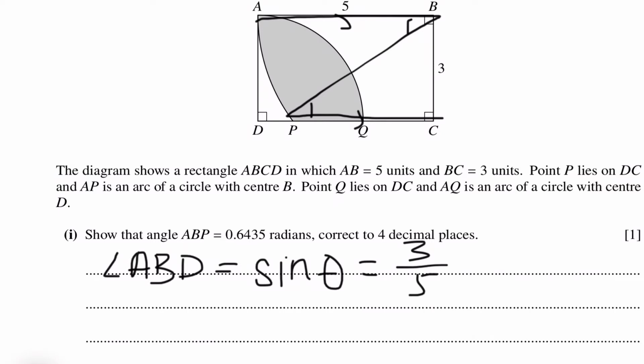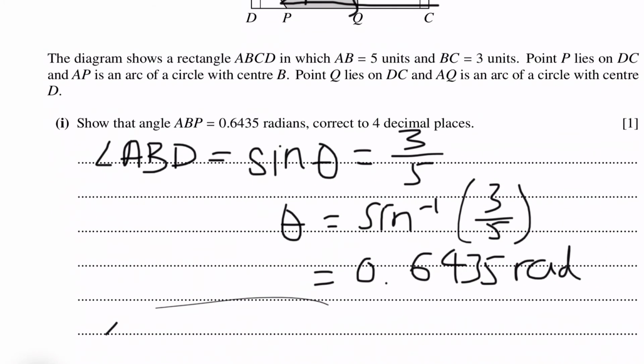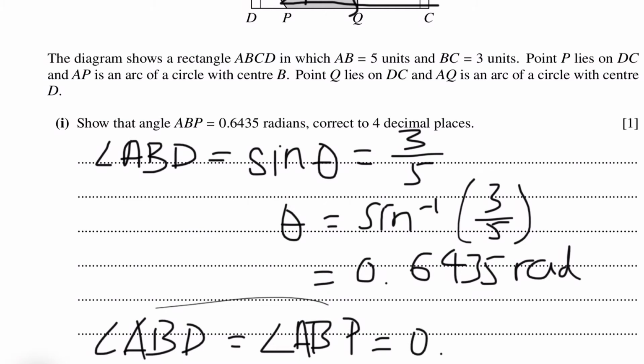So theta is equal to the inverse of sine 3 over 5, and this will give you 0.6435 radians. And angle ABD is equal to angle ABP, so they're both 0.6435.